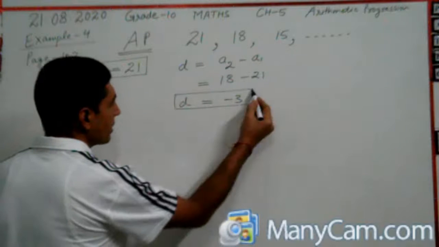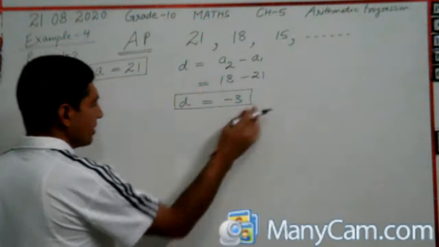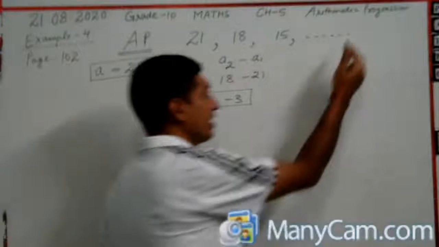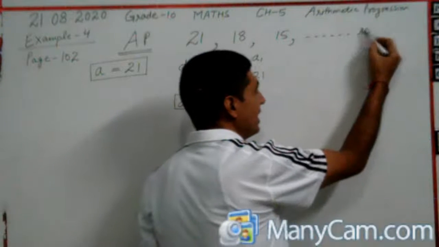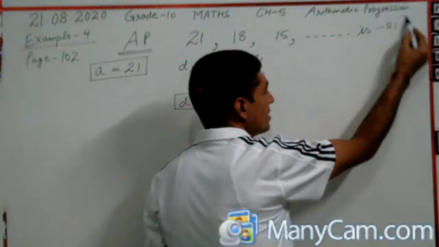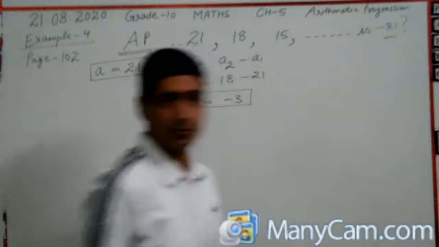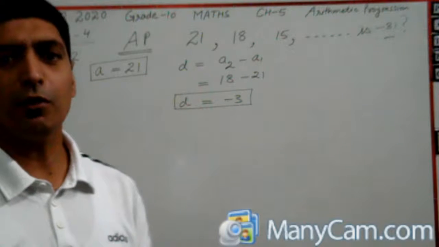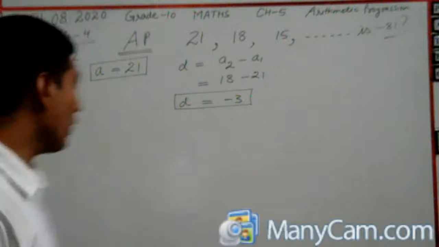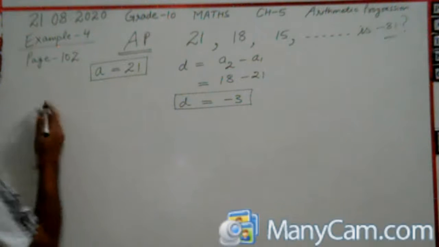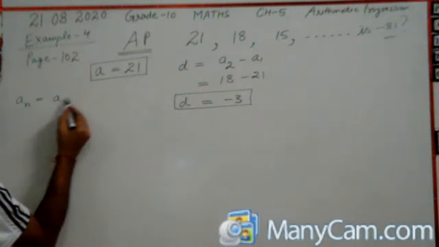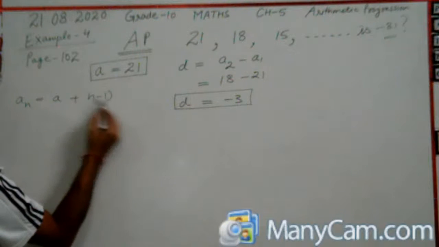The question is in two parts. One is we have to check whether minus 81 is a term of this AP or not. We know the formula: a_n is equal to the first term plus (n minus 1) into d.